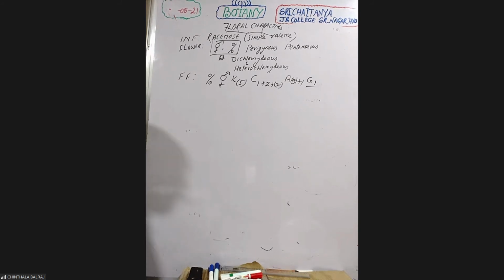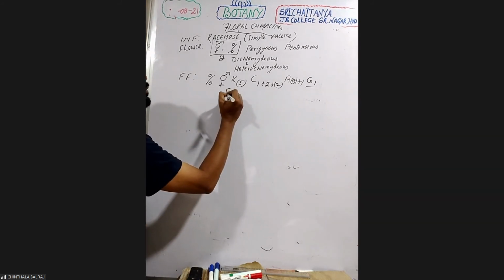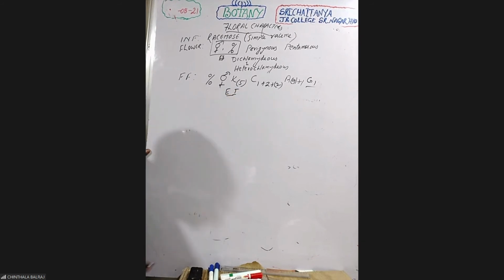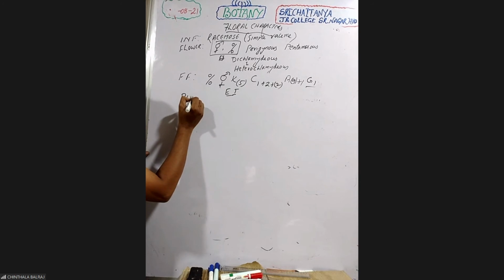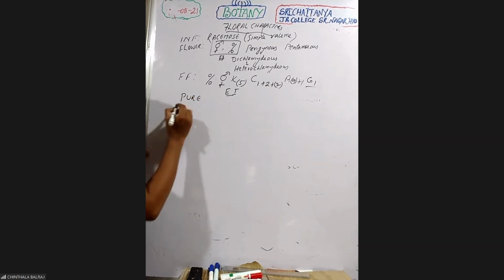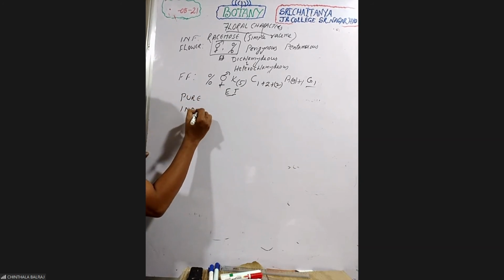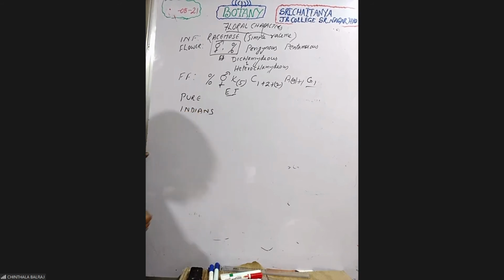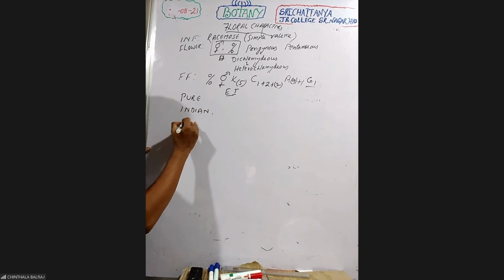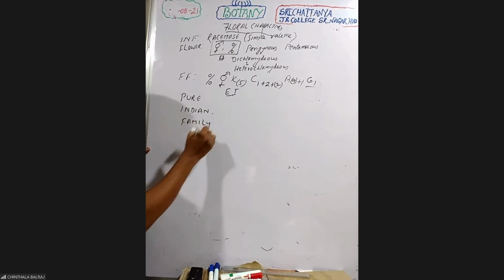Economic importance. Very, very important. Pure Indian families eat how many? 3. Samosa.